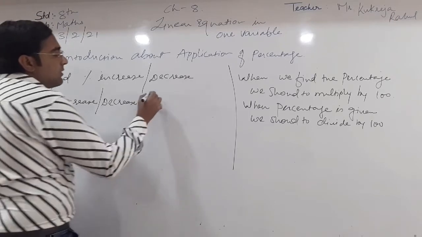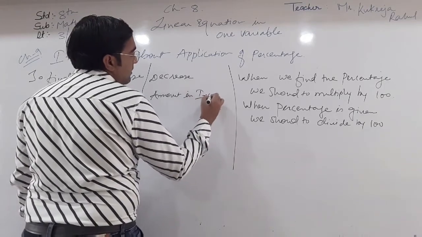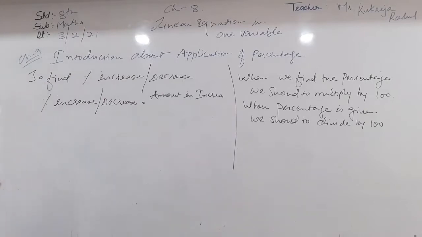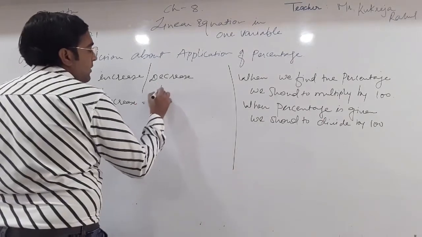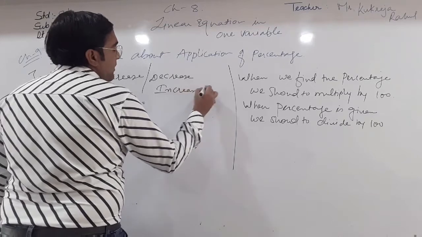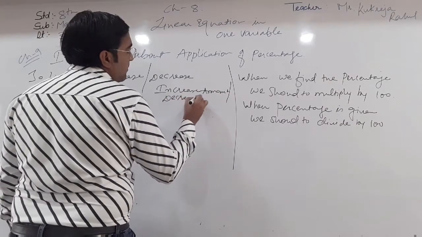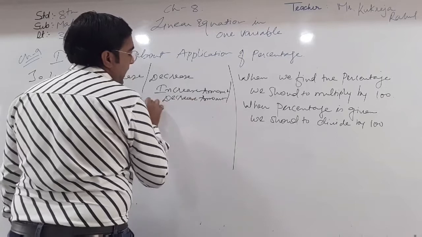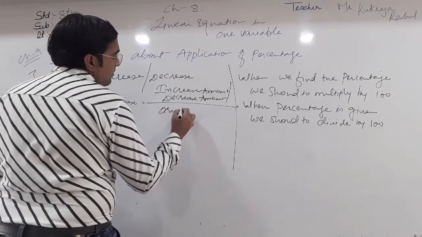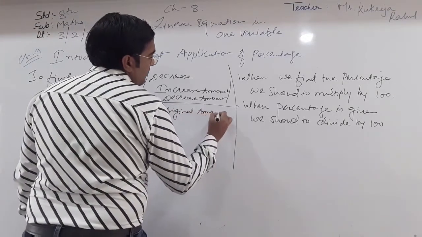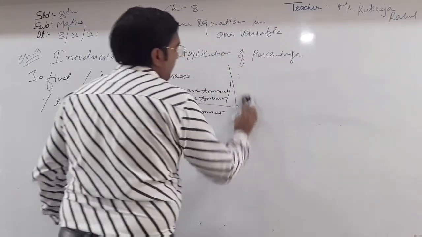equal to the increase amount or the decrease amount, whichever you write, divided by the original amount, and multiplied by 100.